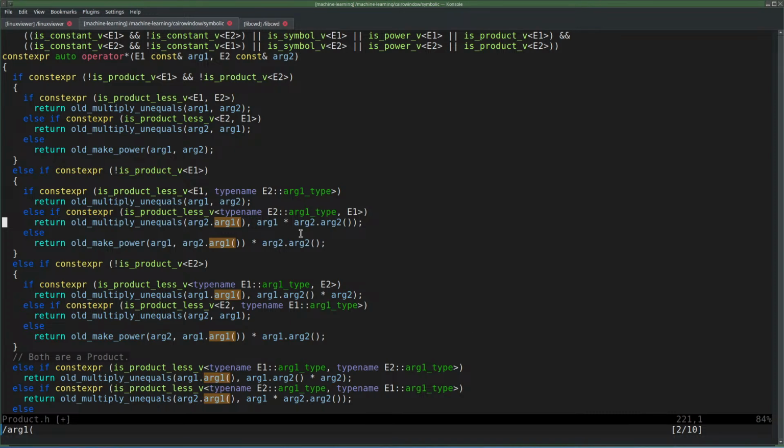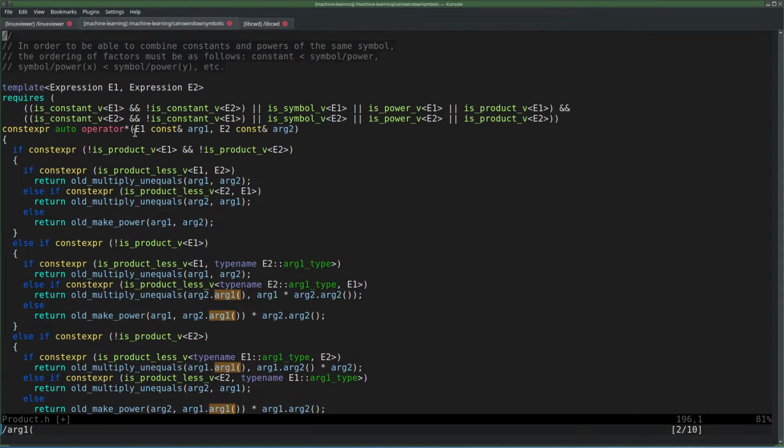So now I don't have arg1 anymore, but I do have the type. So I have to replace this line and many other lines with something that just uses the type. However, this is operator star, which must return an object. That means in C++, if I want to use the star as multiplication, then it's just going to be operator star, and I have to pass actual objects, and I get an object back.